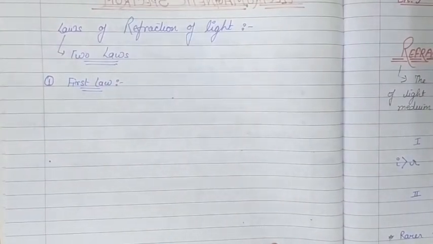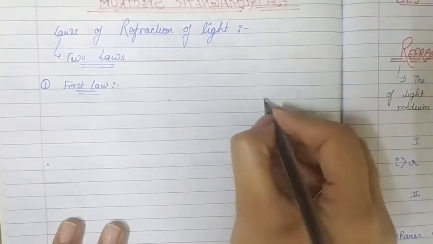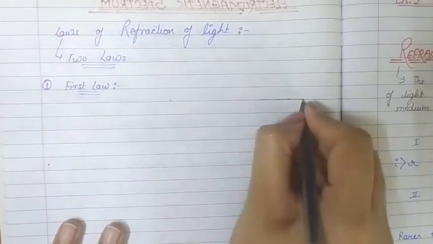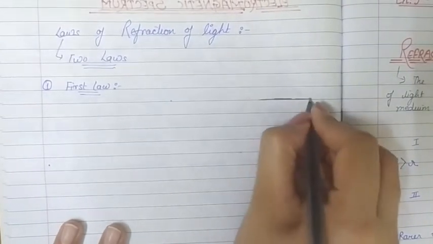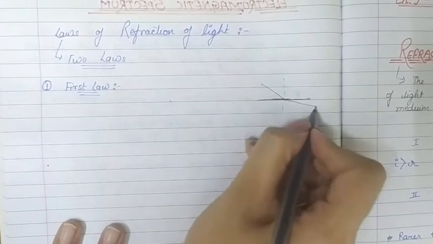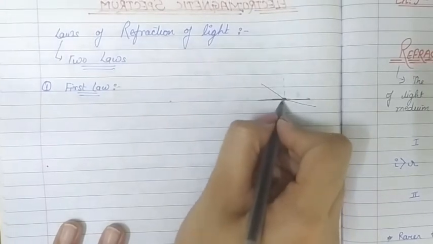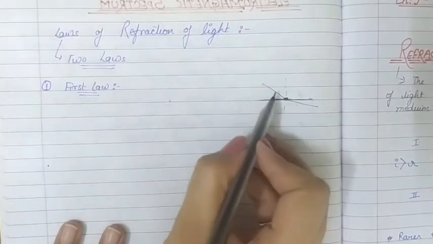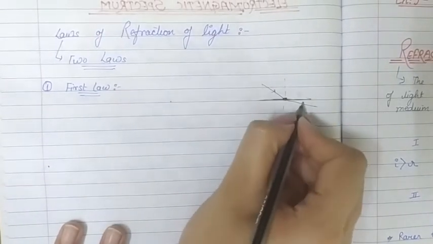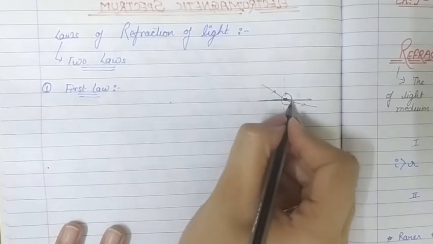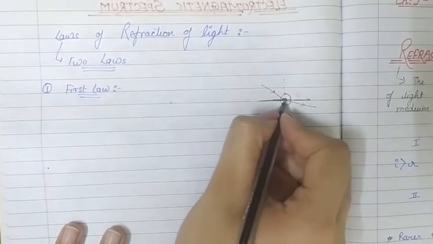So this is the first law of refraction. If this is the interface, right, then this is the point of incidence.